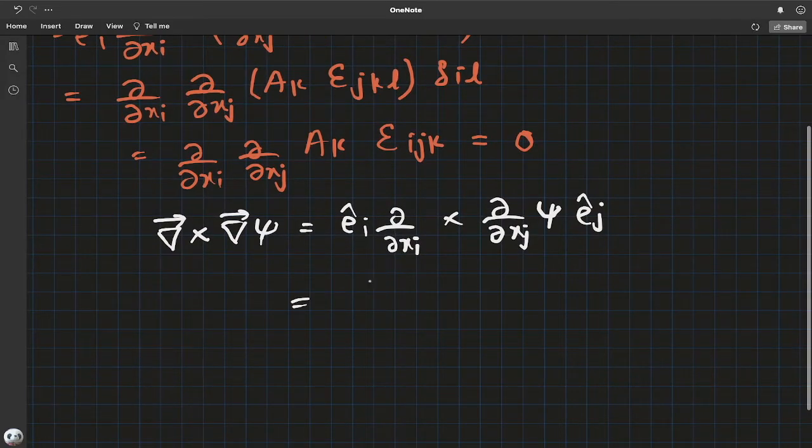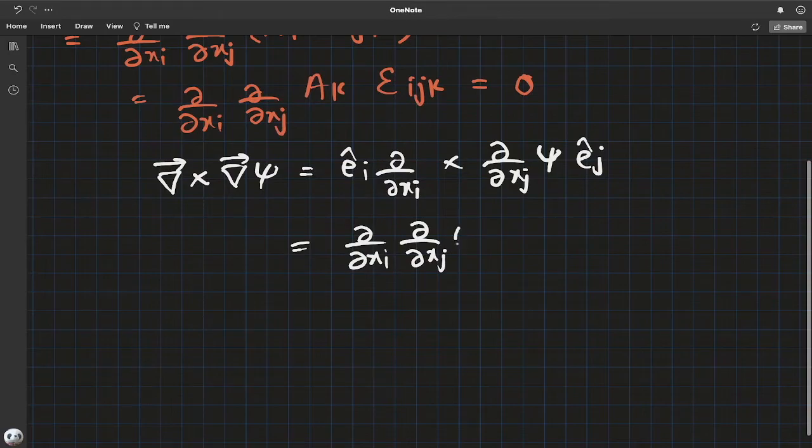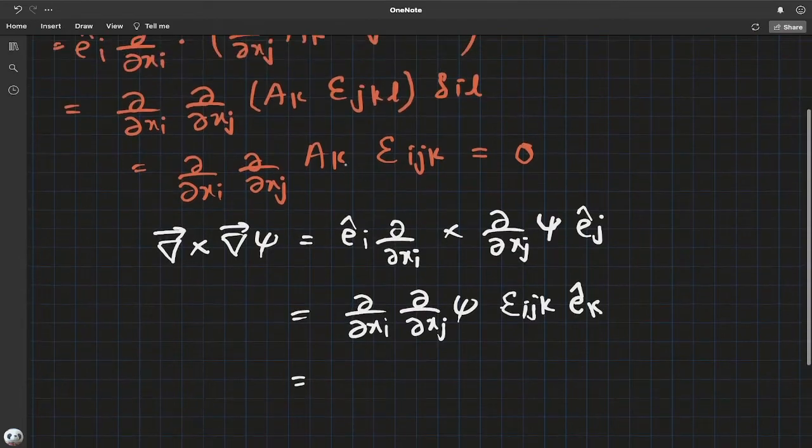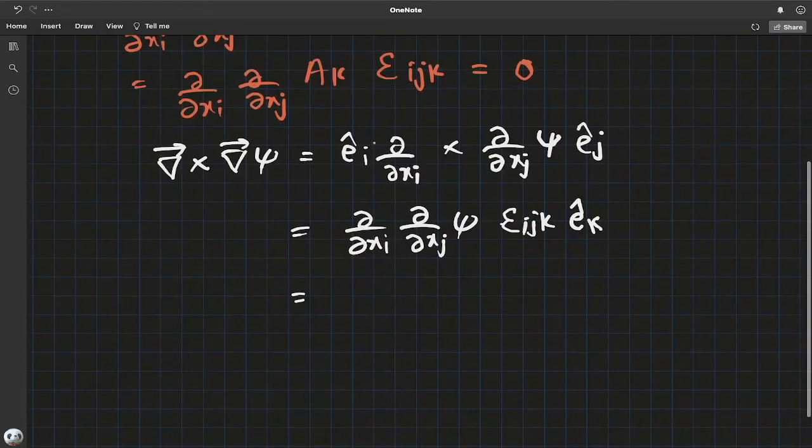And because of the cross product, we have partial xi, partial xj. Now don't change the order of them, it's important. Psi epsilon ijk ek hat. And again, because of the same argument we used here on top, the symmetric terms cancel off, we get 0.